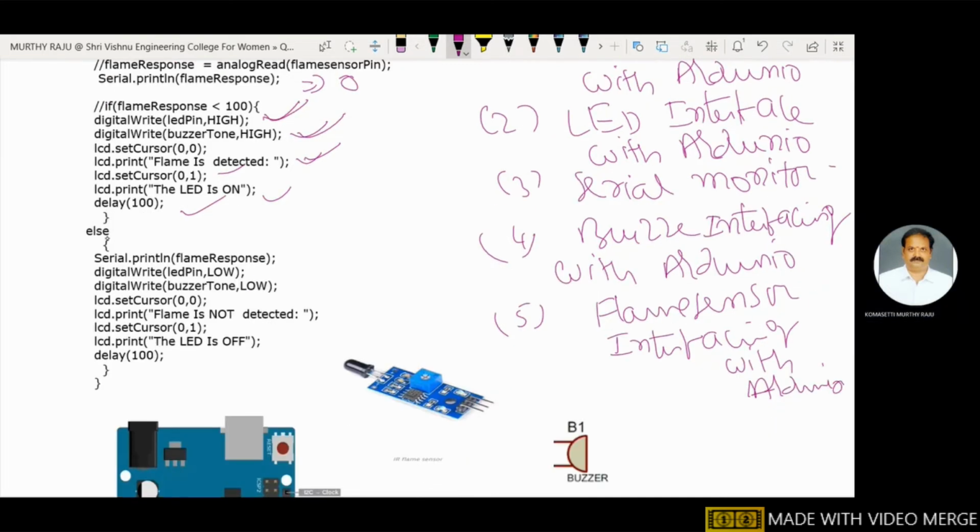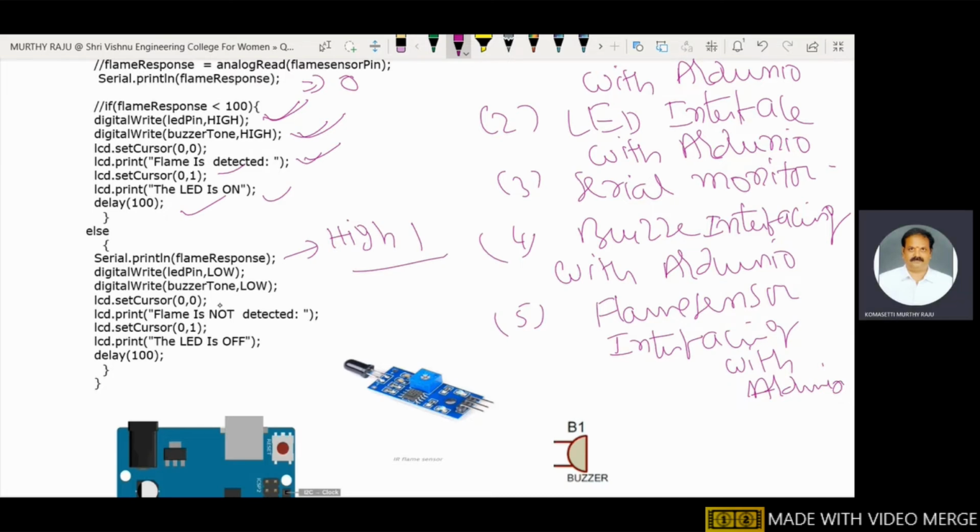Here, else means serial dot println flame response, which is high. Flame response is high means under normal conditions, no fire is detected. The LED is not on. Buzzer tone is low, meaning the buzzer is not active.